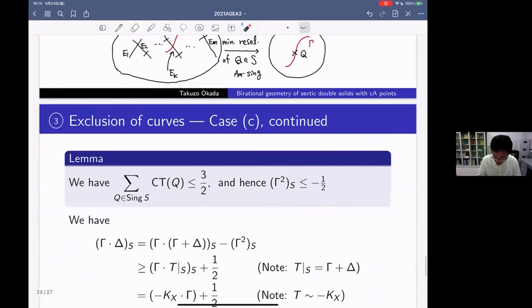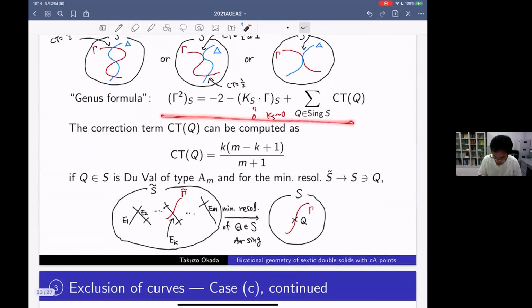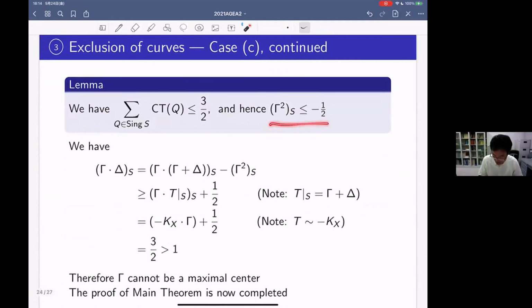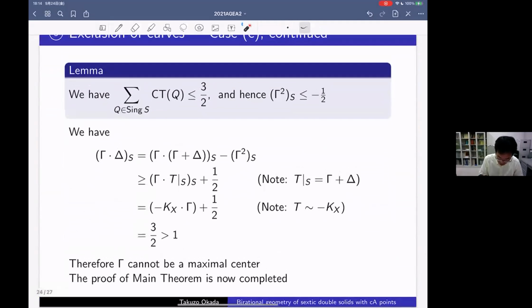And by the previous formula, we have this inequality. Finally, we compute this intersection number in a straightforward manner, so we can write this way. And since gamma plus delta is this divisor, and we have this inequality, we have this inequality, yes.